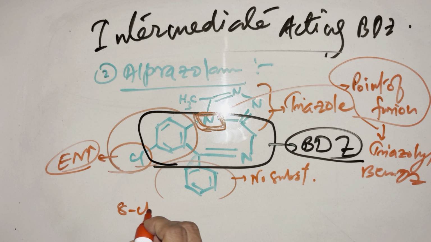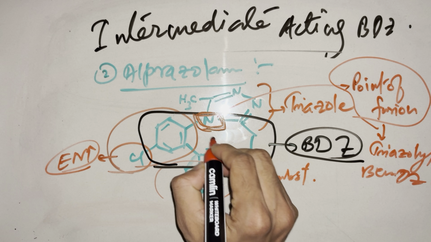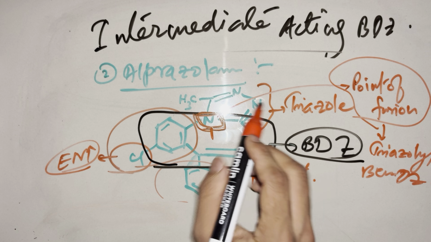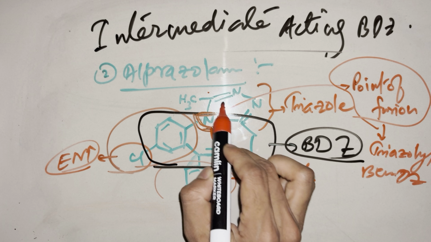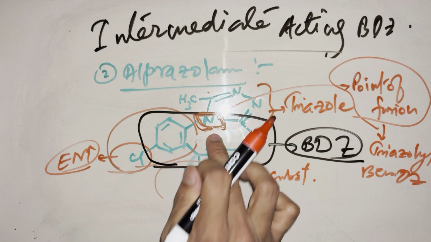So the chemical name will be 8-chloro. Why 8-chloro? Okay, I didn't tell you the numbering. In this, the numbering will also be changed. So numbering will be like this. This nitrogen is 1, then this one is not this nitrogen. Sorry, this is the point of fusion.